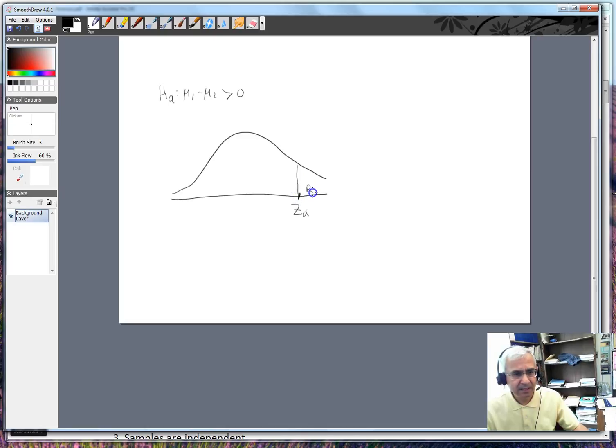This would be my rejection region. So if my Z, the value I get from the testing hypothesis, is up there, I reject. If it's down here, I do not reject. So we call this the non-rejection region. And this is the probability alpha of my type 1 error.